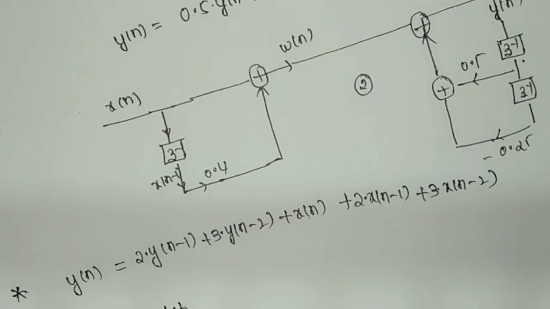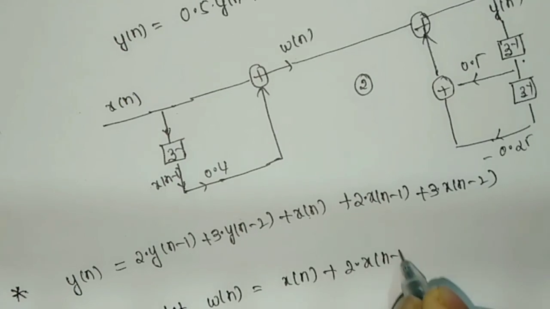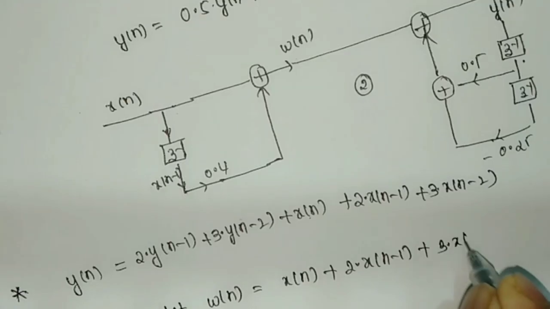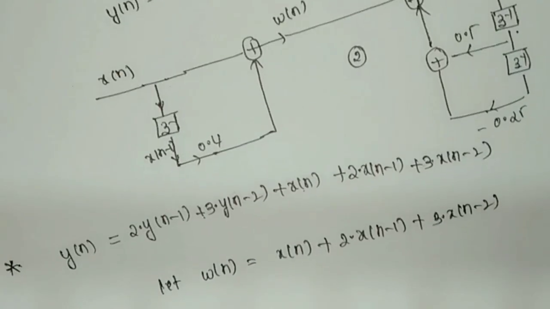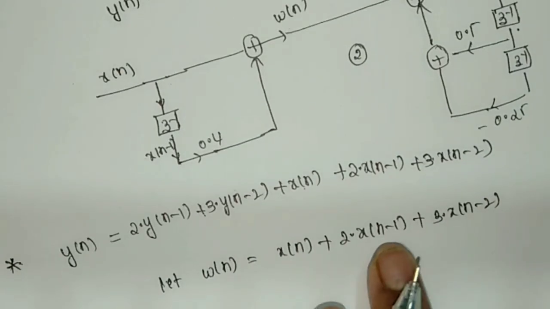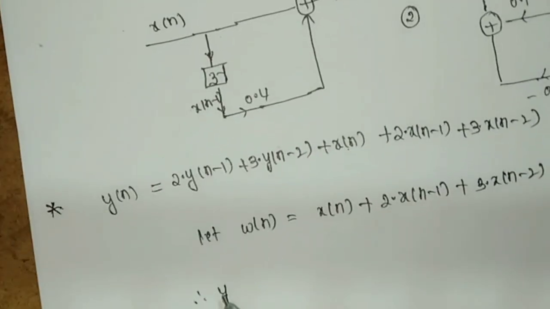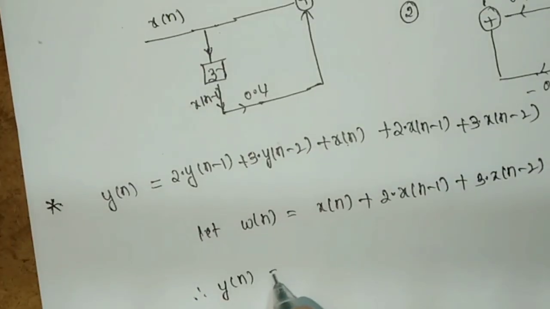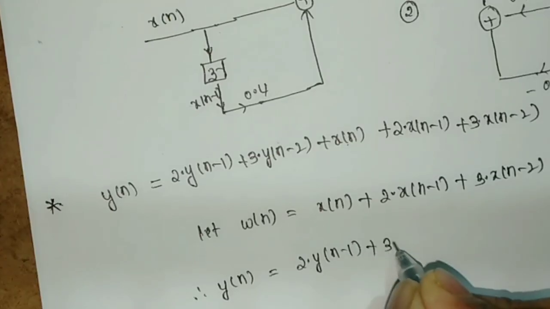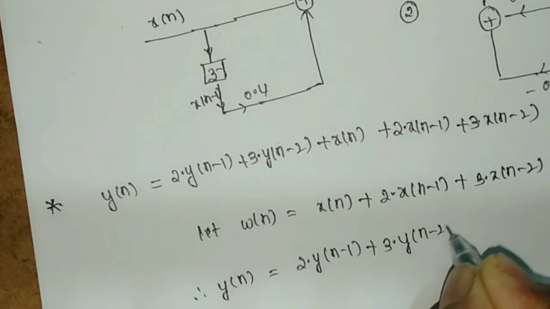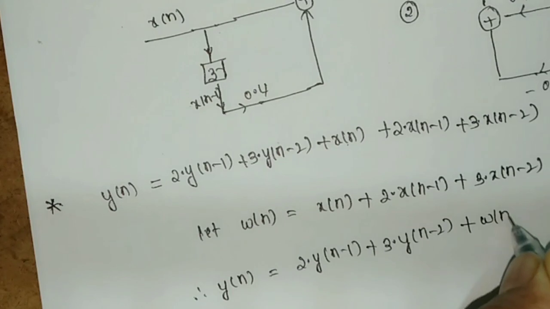So let w of n is equal to x of n plus 2 into x of n minus 1 plus 3 into x of n minus 2. So how many delay elements are needed? 2 delay elements, one for this, one for this. Therefore y of n becomes 2 into y of n minus 1 plus 3 into y of n minus 2 plus w of n.